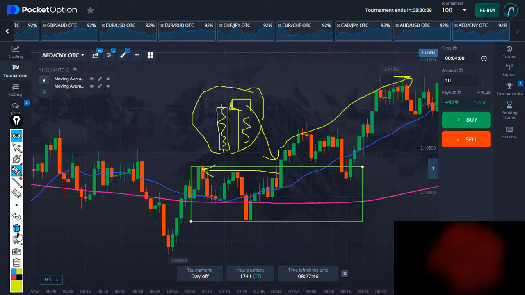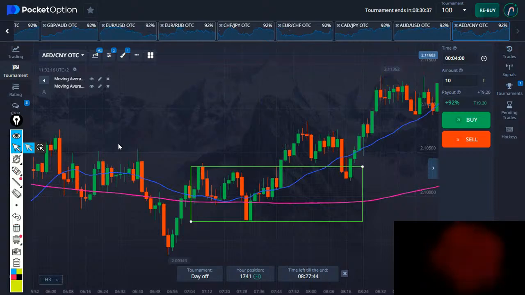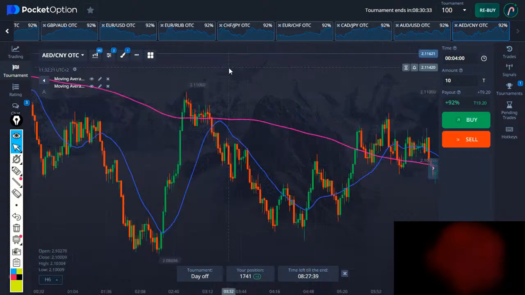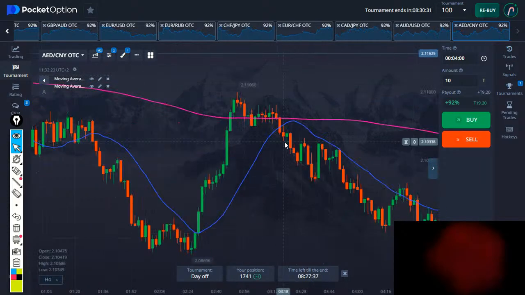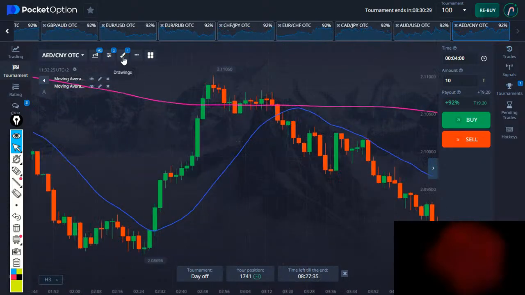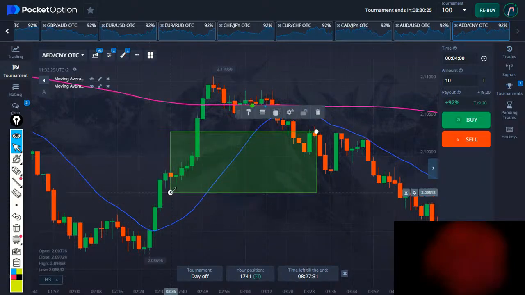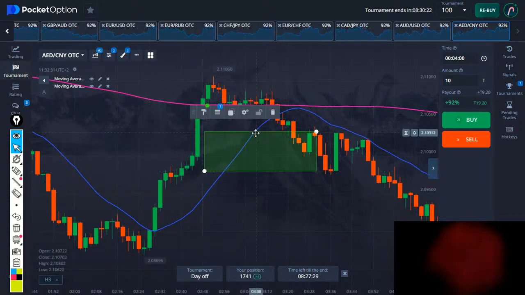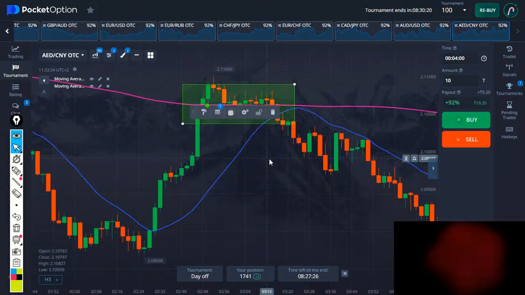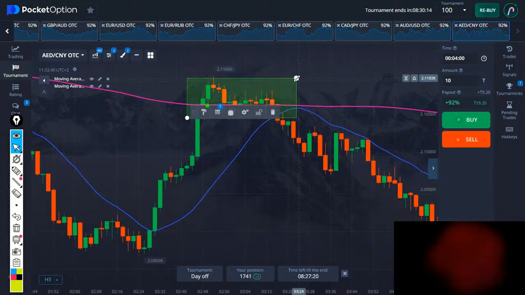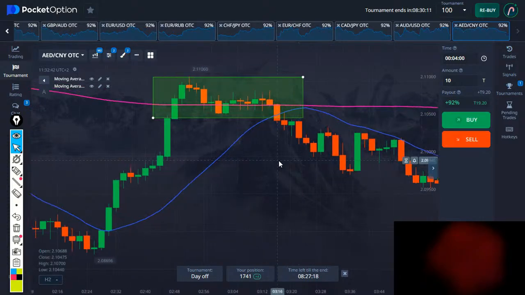For a sell situation, let me find a sell situation on the chart. See, beautiful. That's it. You take your rectangle. Today I was struggling to find decent setups in our VIP group trading room. So this is it.